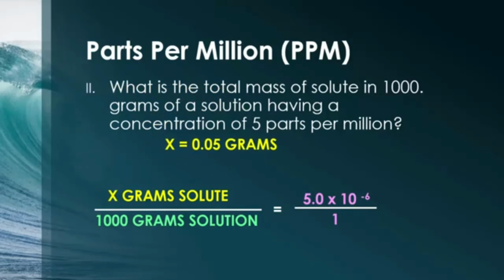So once you place this in your calculator, you should get 0.05 grams of solute. Notice that the grams of solute are very small in parts per million.